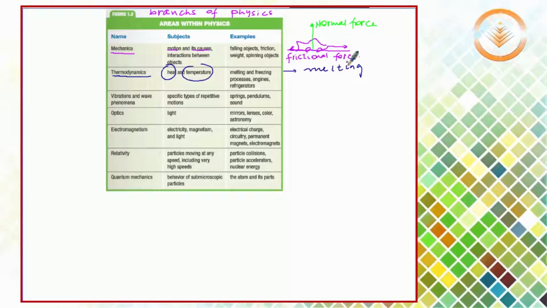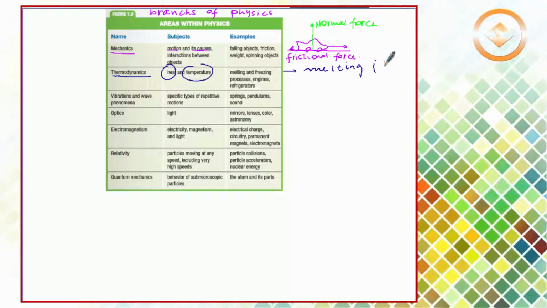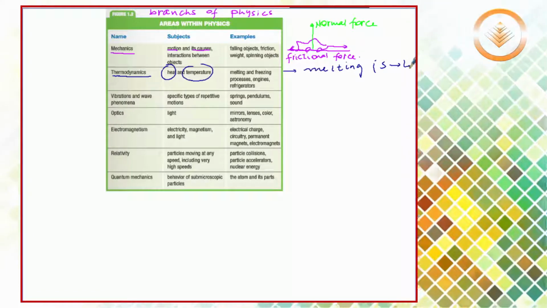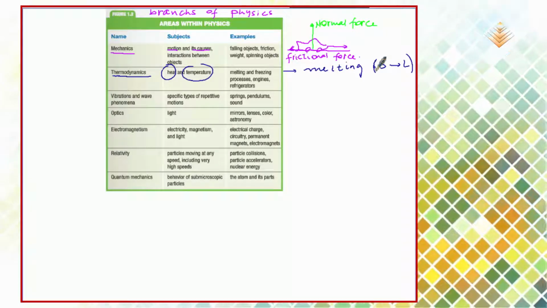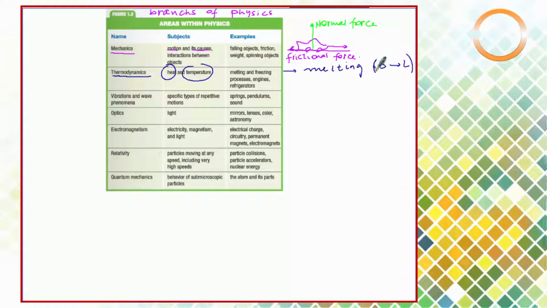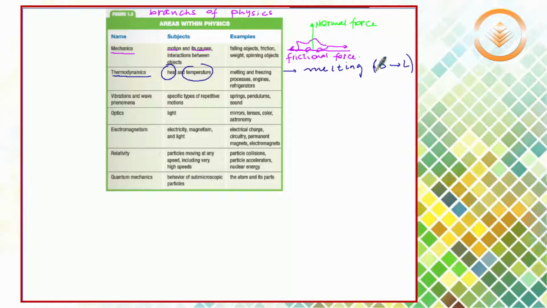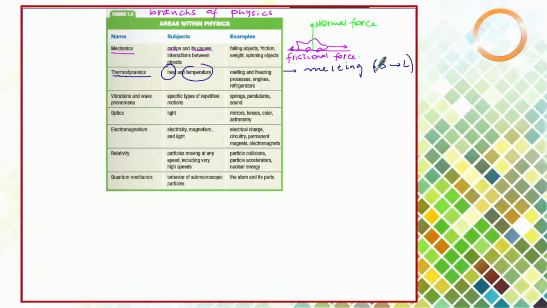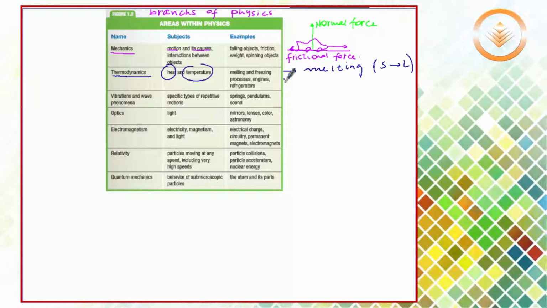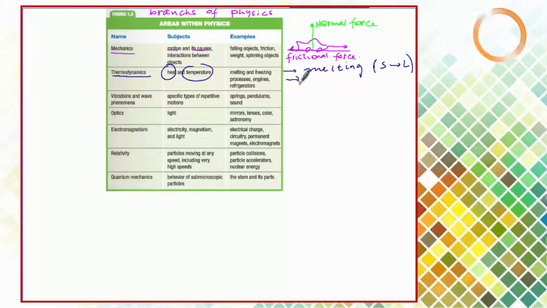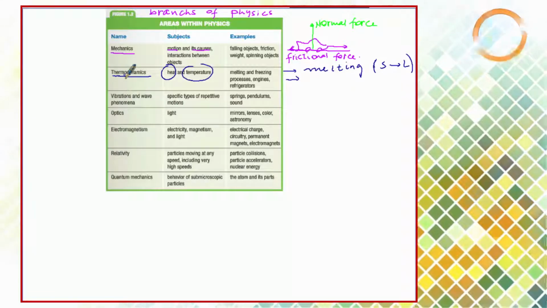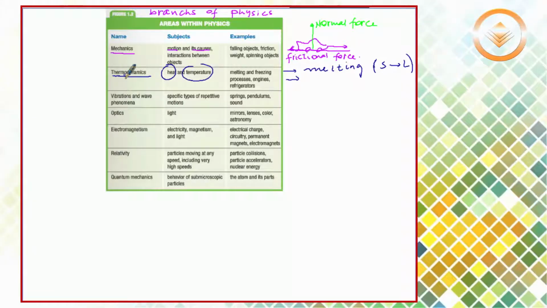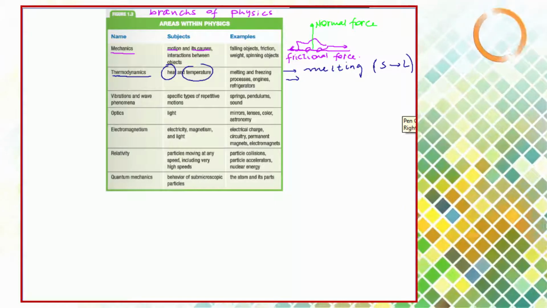Melting is the process of changing solid into liquid if the object is subjected to external heat energy. So how objects melt, how objects freeze, how a refrigerator works are studied by a branch of physics called thermodynamics.